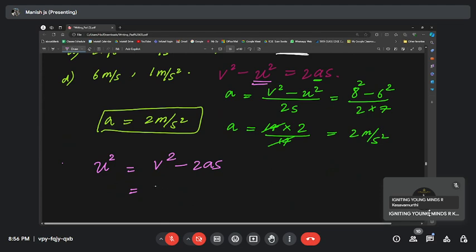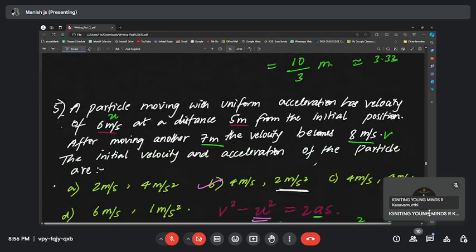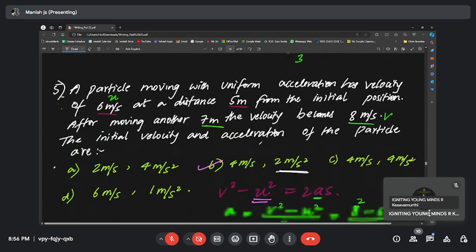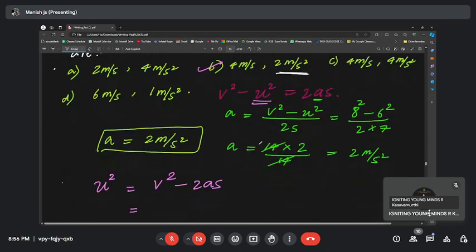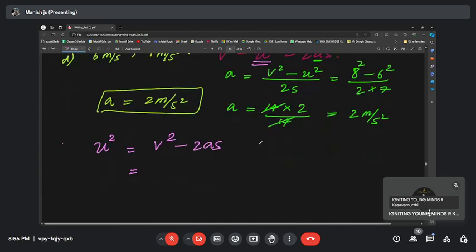So substitute the values here. For the value of v, you will substitute which particular value? You have two values, one is 6 and one more is 8. So you will substitute 6 here and not 8. 8 is for the other part, right? So you have to substitute 6 in this case, not 8. That also you should be very careful about. So substitute the value as 6.